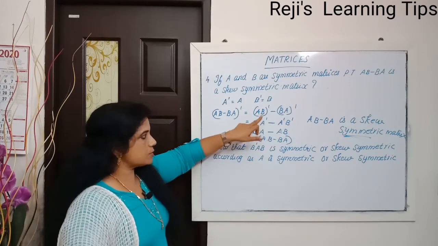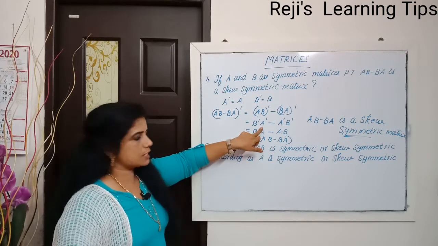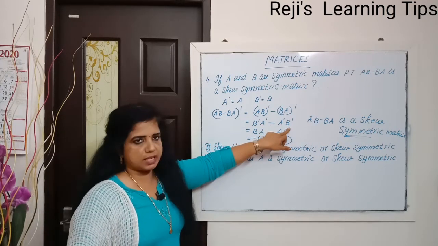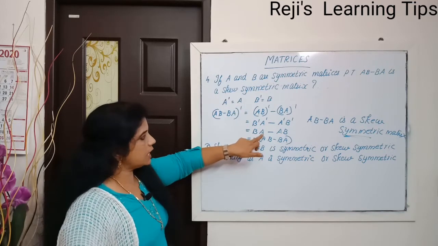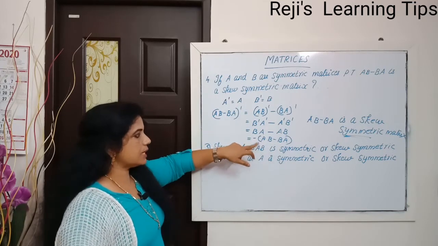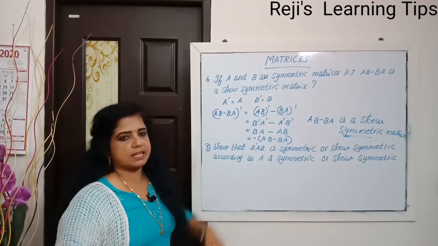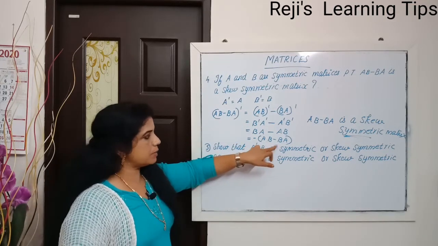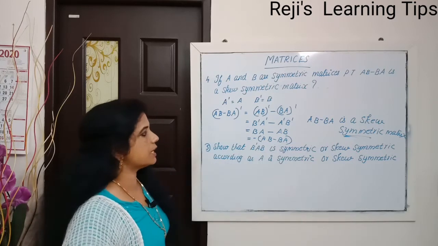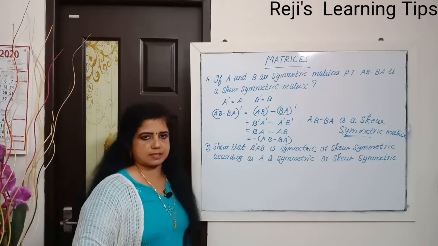(AB) transpose is B transpose into A transpose, minus A transpose into B transpose, which is BA minus AB. BA minus AB is minus of (AB minus BA). So (AB minus BA) the whole transpose is equal to minus (AB minus BA), and we can say that AB minus BA is a skew symmetric matrix.